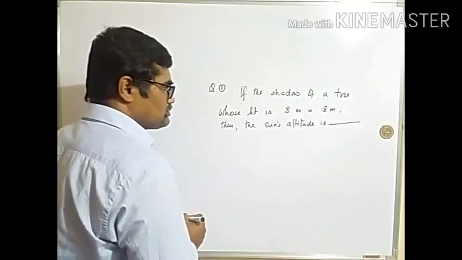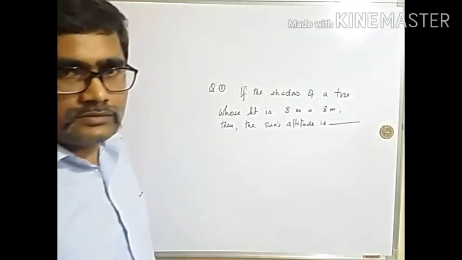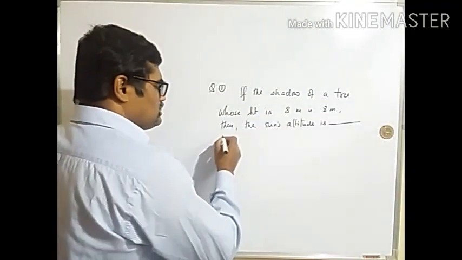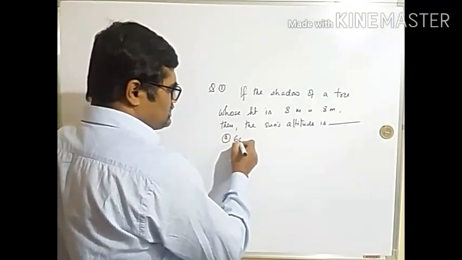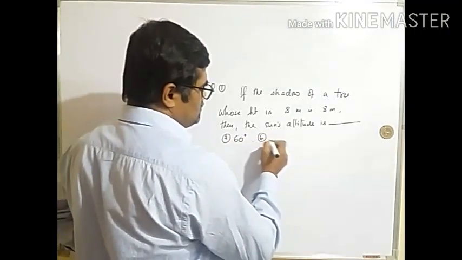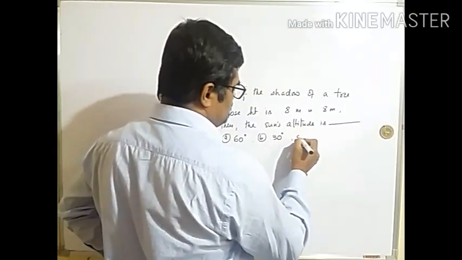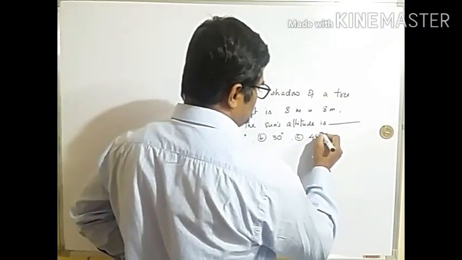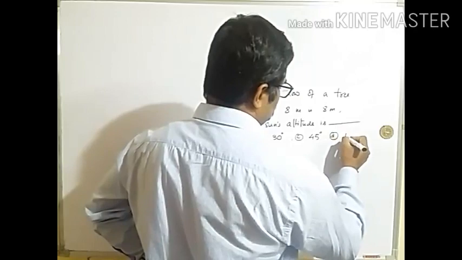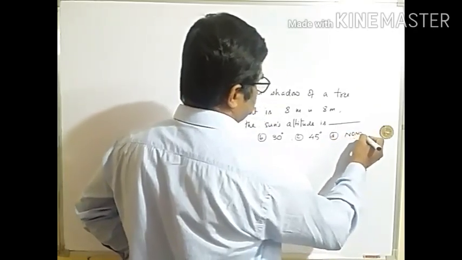What is sun's altitude? Anyway, let me write the options also. I decided to write them here. Actually, it is a very trivial problem, so I am writing it. It is not taking time. None of these.